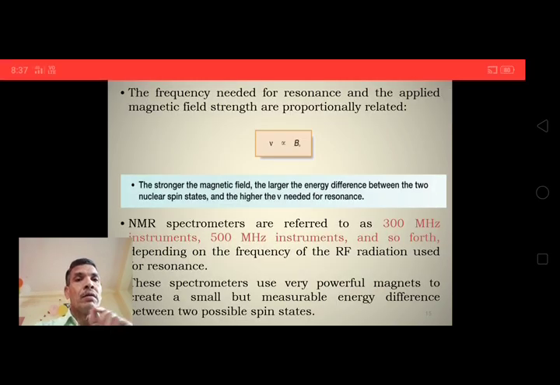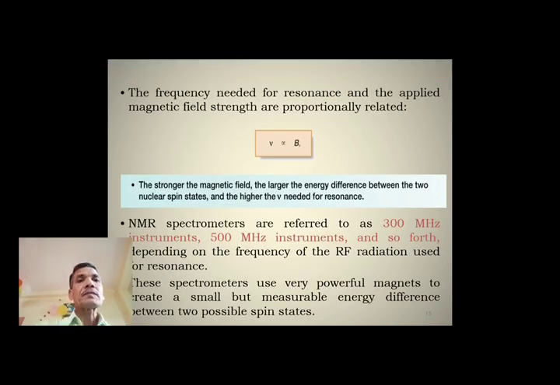Here, the frequency needed for resonance and the applied magnetic field strength are proportionally related, as nu is directly proportional to B0. The stronger the magnetic field, the larger the energy difference between the two nuclear spin states and the higher the frequency needed for resonance.